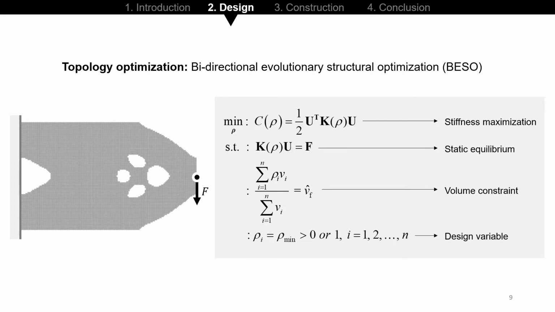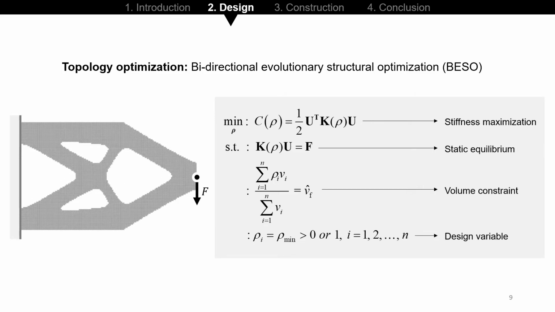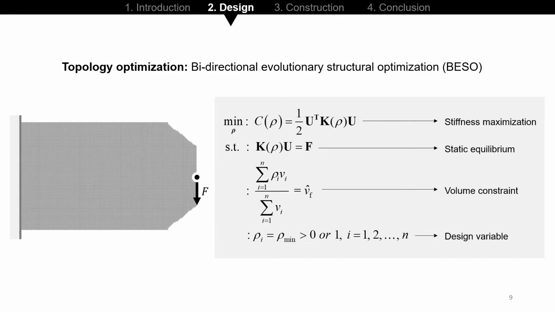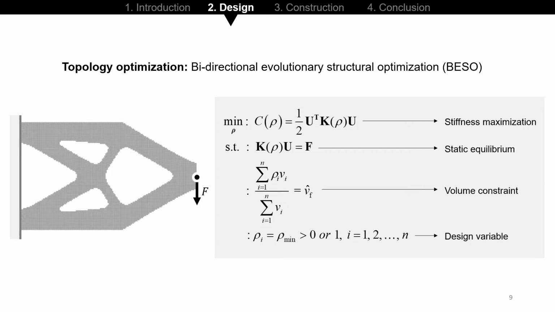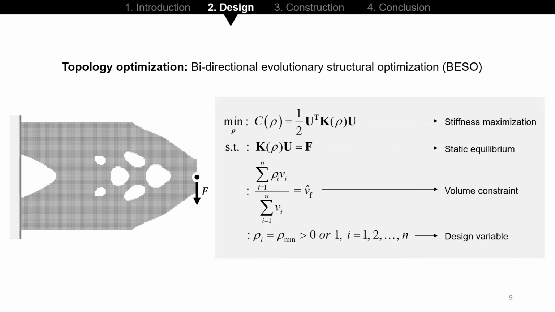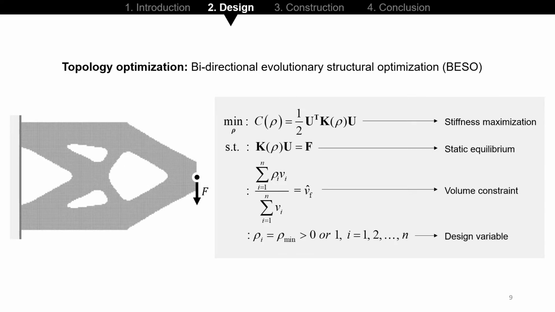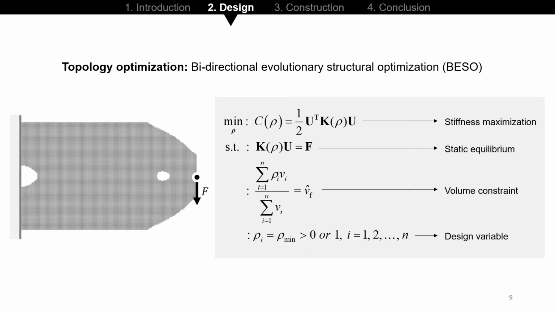In each iteration, we ensure the static equilibrium using the second equation. Ultimately, a prescribed volume is reached, controlled by the third equation. During optimization, we assign each building block a really small number close to 0 or 1, corresponding to void and solid elements, represented by the last equation.